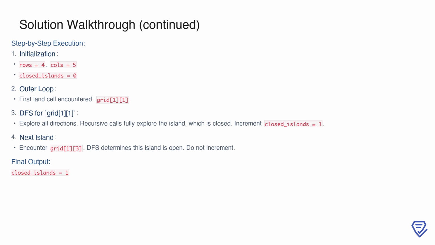Since this island is closed, we increment closed_islands to 1. Continuing the search, we find another land cell at grid[1][3]. A DFS traversal determines that this island is open, so we do not increment the count. After traversing the entire grid, the final count of closed islands is closed_islands equals 1.